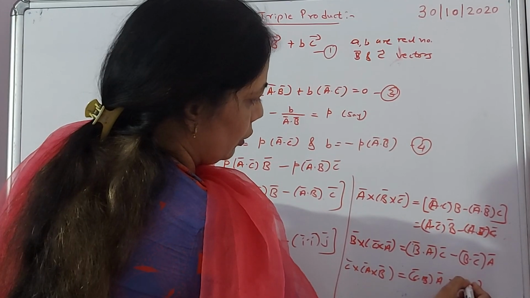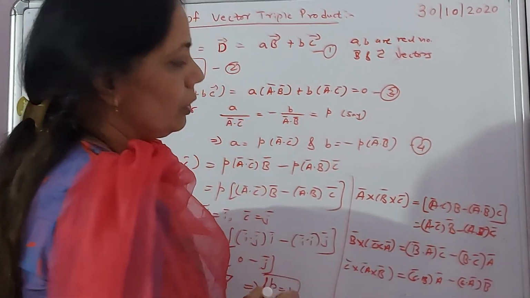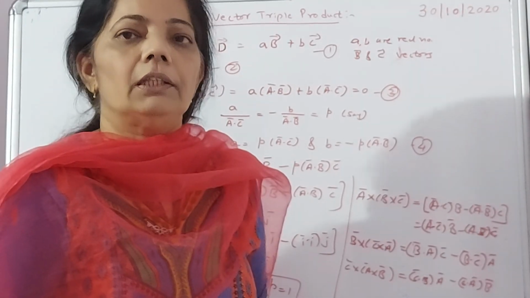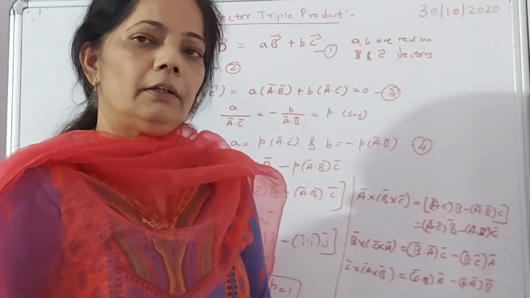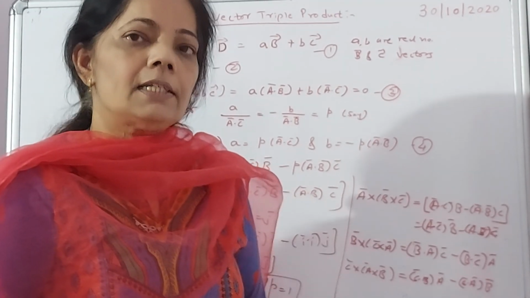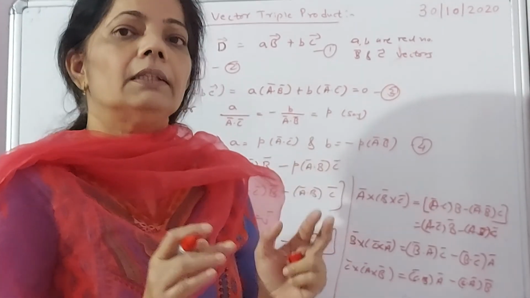So C dot A outside B. This is the way, in short, we can write down the values for vector triple product, correct, which always lies in the vectors in a bracket or parenthesis.